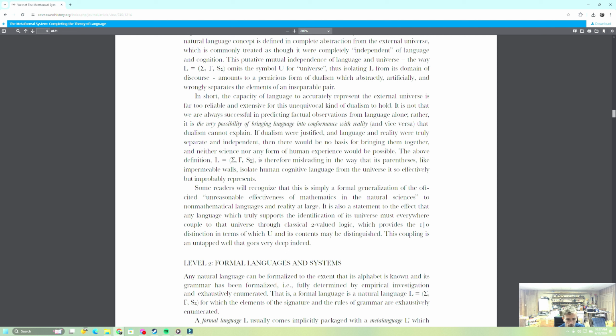This coupling is an untapped well that goes very deep indeed. Indeed, all the way to the depths of the CTMU and the ultimate identity of the GOD, Global Operator Descriptor.